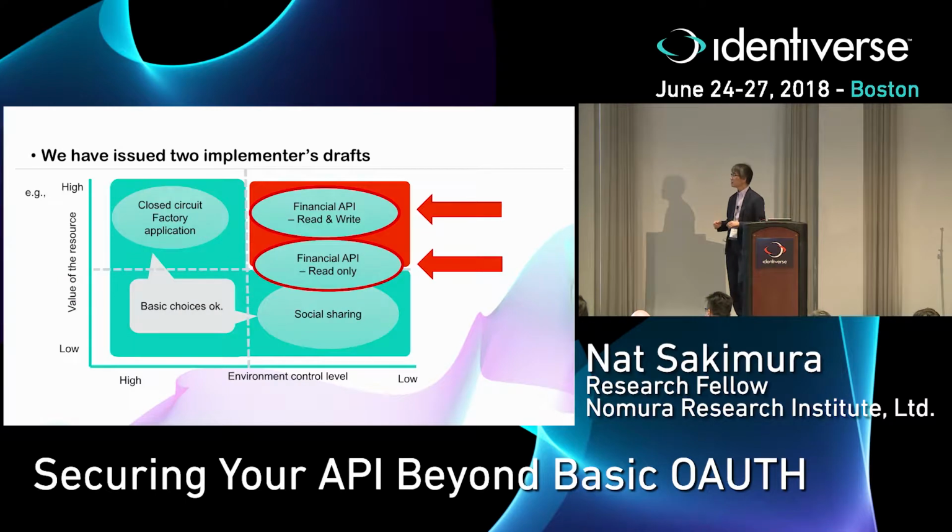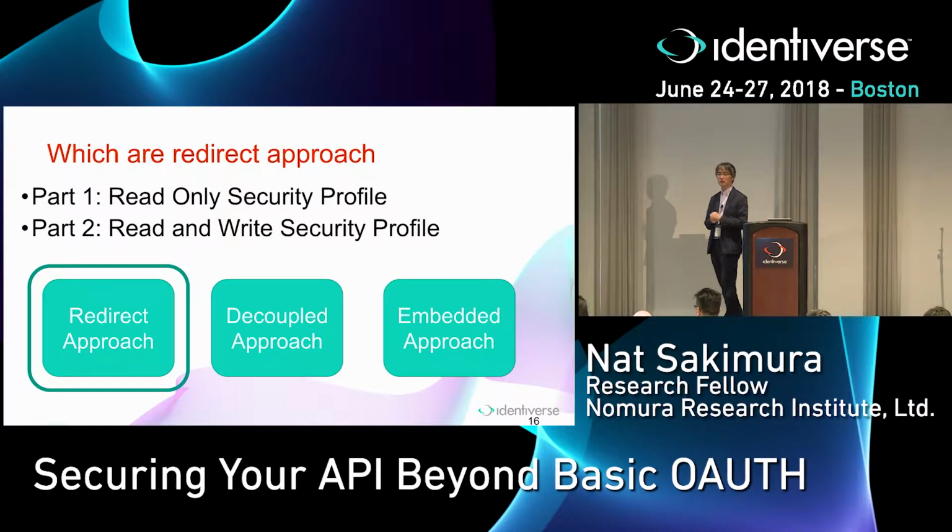To date, we have issued two implementers drafts, which employ the redirect approach. Part 1 is the read-only security profile, and part 2 is the read and write security profile.